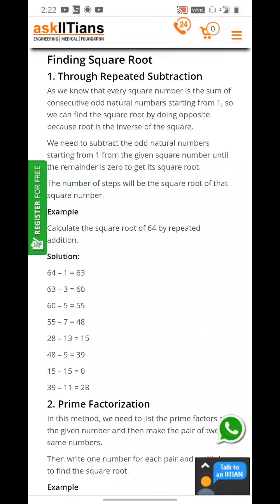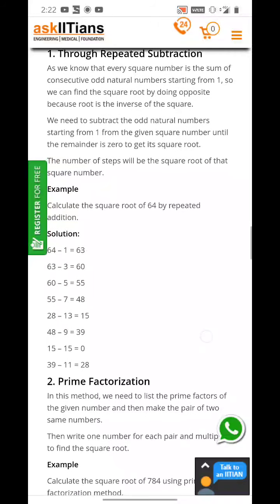Repeated subtraction means when a number is given to you, you have to repeatedly subtract consecutive odd numbers from it, not even numbers: 1, 3, 5. Here the number given is 64. The first odd number is 1. 64 minus 1 is 63.